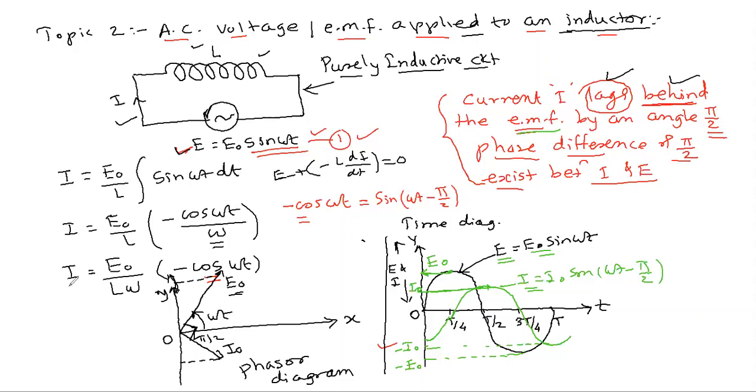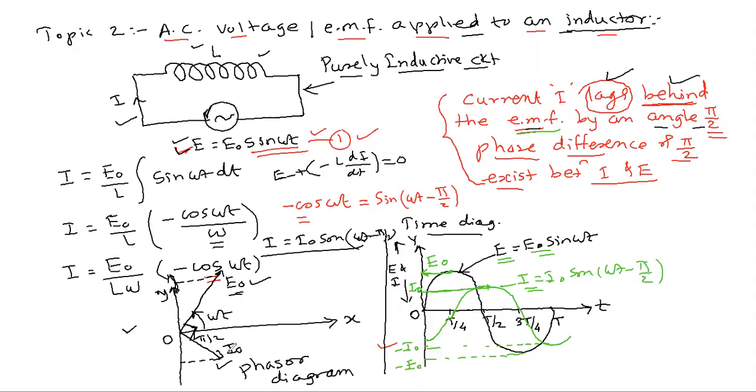The current is I is equal to I naught sine of omega t minus pi by 2. So this relation says that the current I lags behind the EMF by an angle of pi by 2, and we have drawn the respective time diagram and phasor diagram, in which the current lags behind the EMF, or the EMF leads the current by an angle of pi by 2.